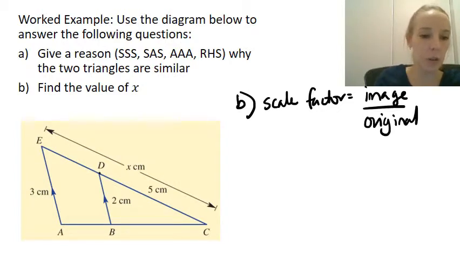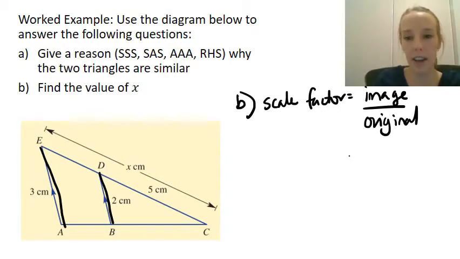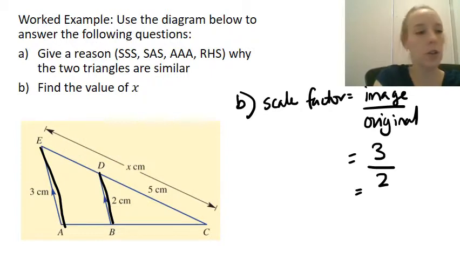We are given two sides here, the 2 and the 3 side, and they're corresponding sides, so I can let either one be the original. Let's just say 3 is our image and 2 is our original. So 3 divided by 2 is going to give me 1.5.